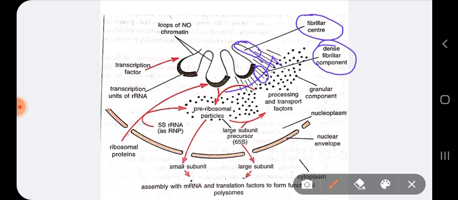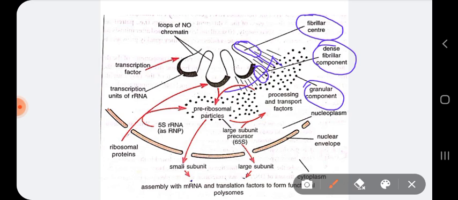Then comes the cortical granular component. The granular component is the outermost region of the nucleolus, where processing and maturation of the pre-ribosomal particles occur.